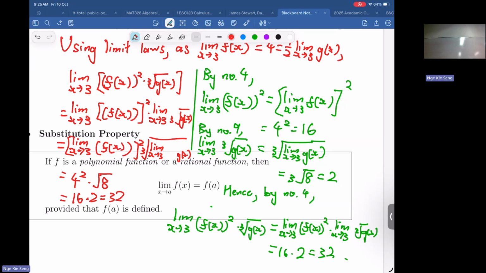Who likes the green one? Very few. For those who don't vote, then you don't understand what I say. The red one? Okay. Why do you like the red one? Shorter. Ah, shorter.